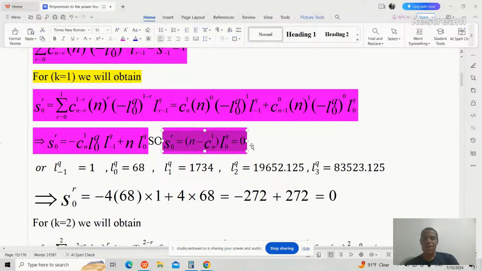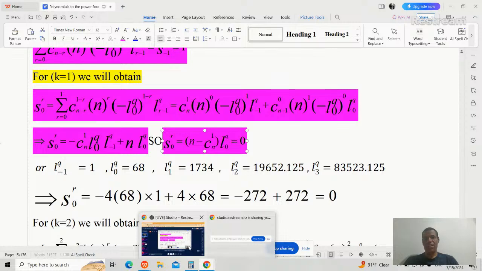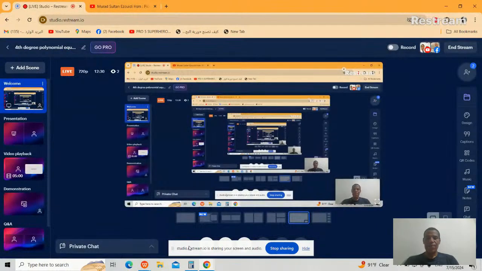Therefore, this S0 of order q is always 0 for any polynomial to the power n. It means that whatsoever your polynomial, and whatsoever the highest power that you are working with, S0 of order q, or r, or whatsoever, is always equal to 0. Now we continue.